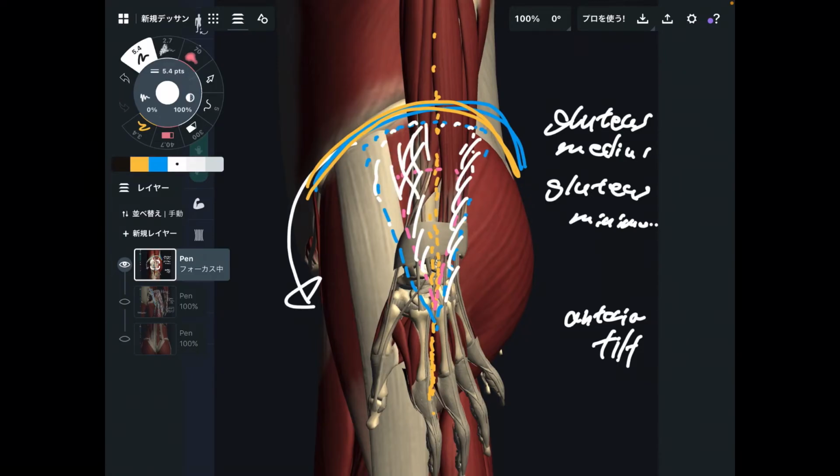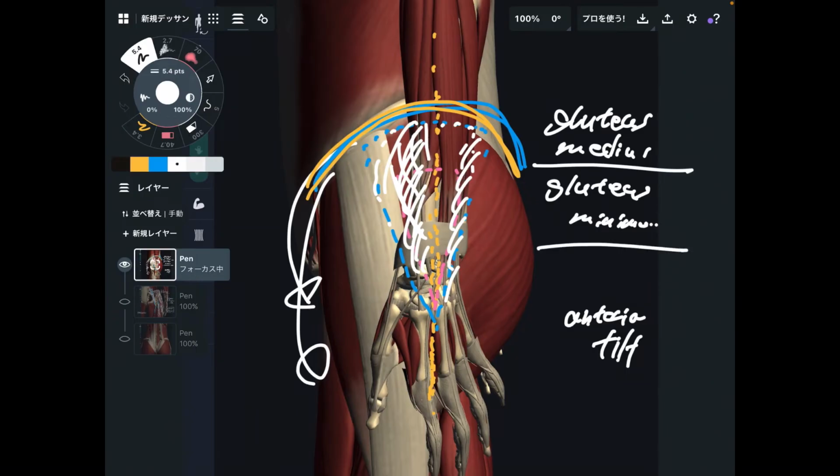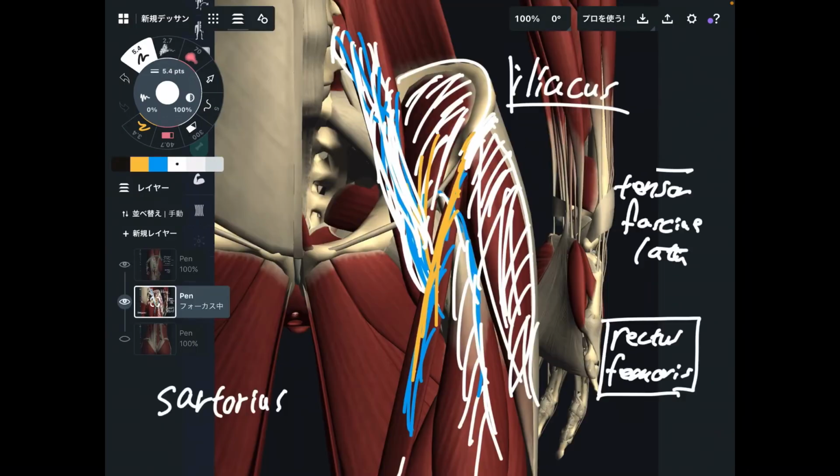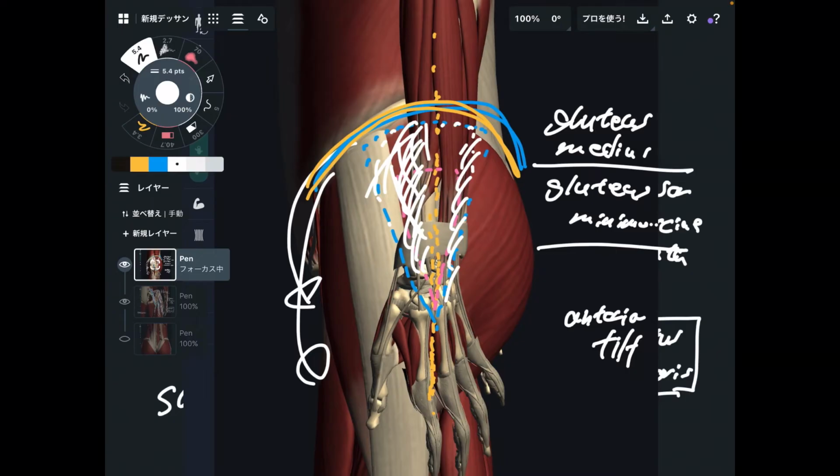Then, think about it, when anterior fibers contract, that brings pelvis to anterior tilt. Very, very interesting. Gluteus medius, gluteus minimus, anterior fiber. Whereas I explained many muscles, rectus femoris, iliacus, sartorius, tensor fascia lata, and gluteus medius, gluteus minimus, they do anterior tilt.